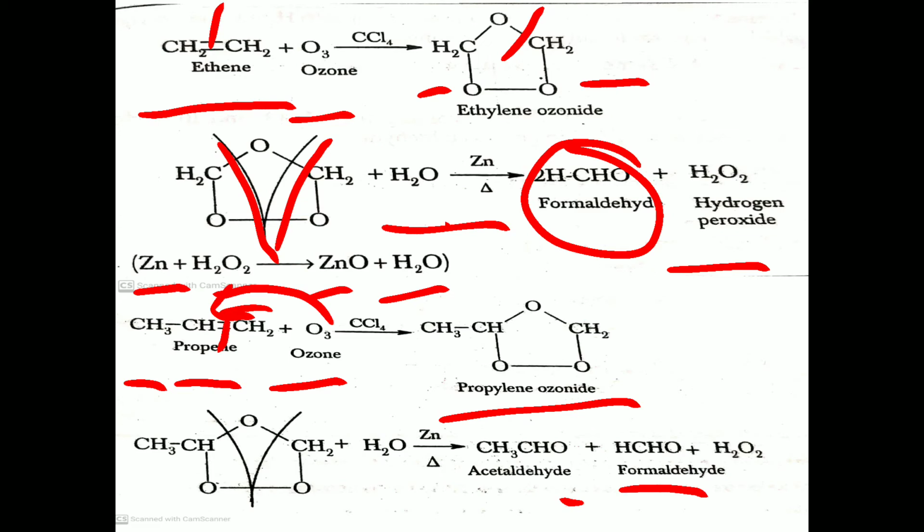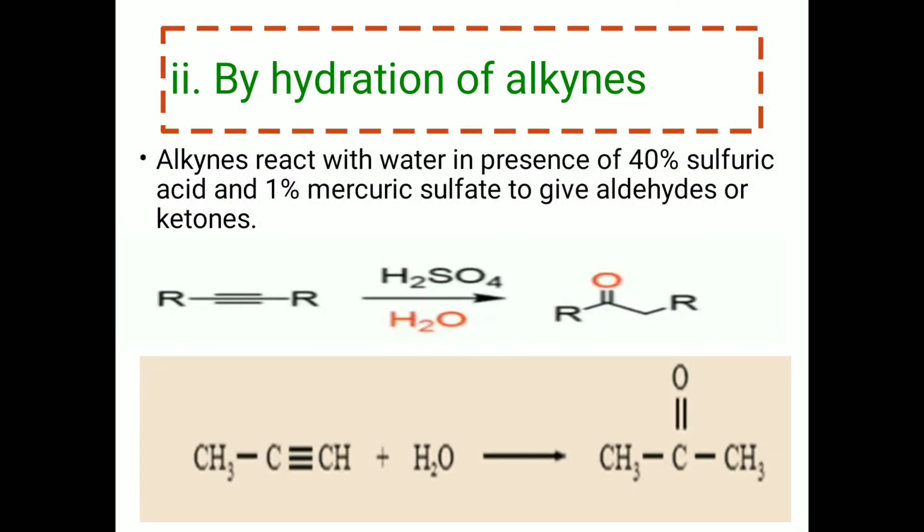Here there are two carbon atoms, so the name is acetaldehyde. Here there is one carbon atom, so we get formaldehyde. Now next is the hydration of alkynes.